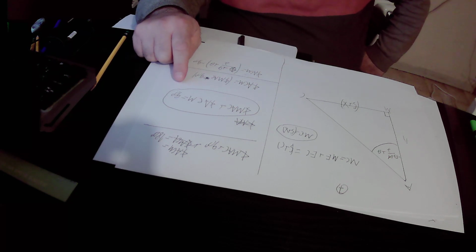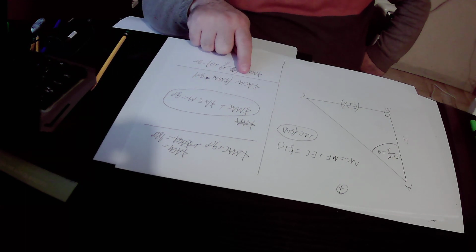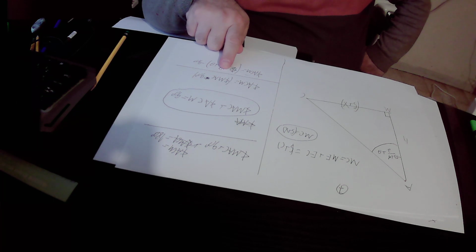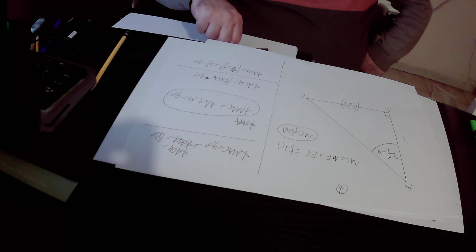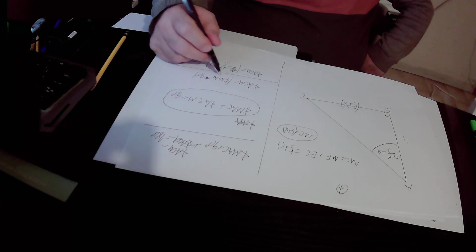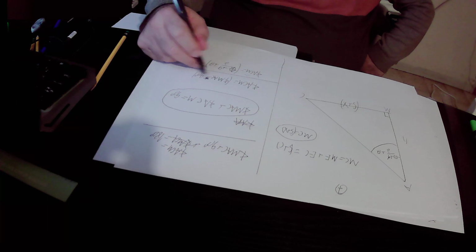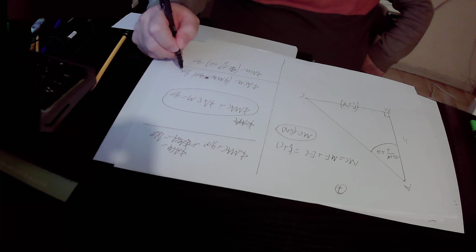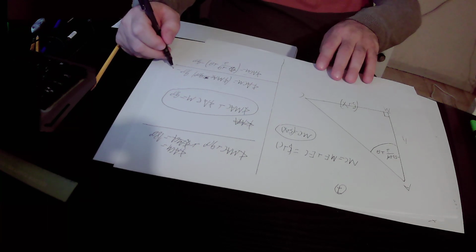So angle MAC plus angle ACM equals 180 degrees minus 90 degrees, which is 90 degrees. We subtracted angle MAC from this equation and we got that angle ACM, the angle that we are looking for, is equal to 90 degrees minus angle MAC.